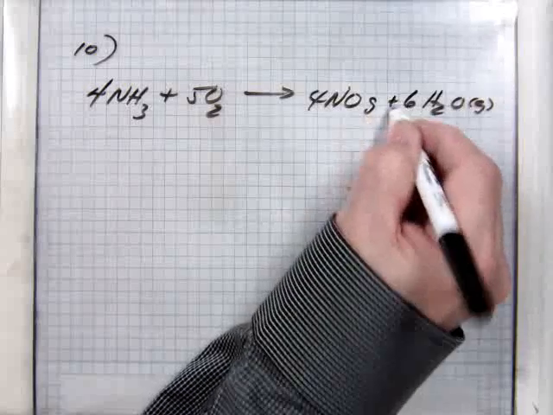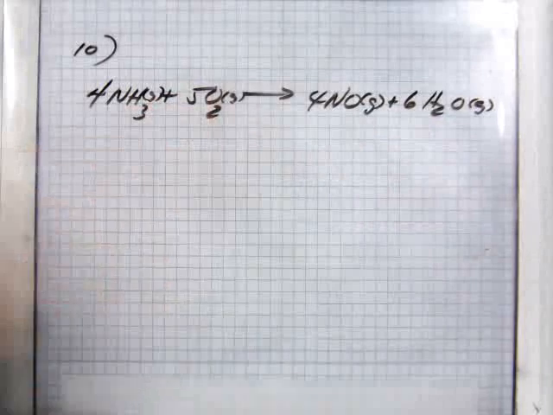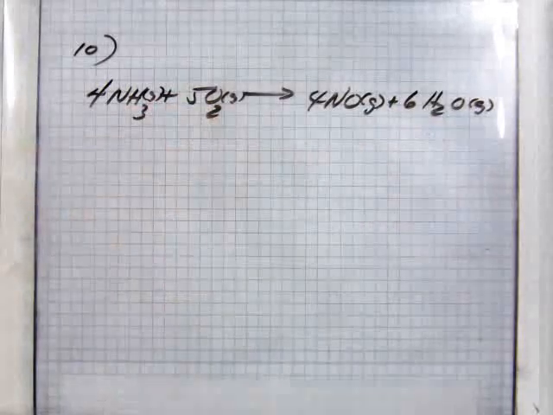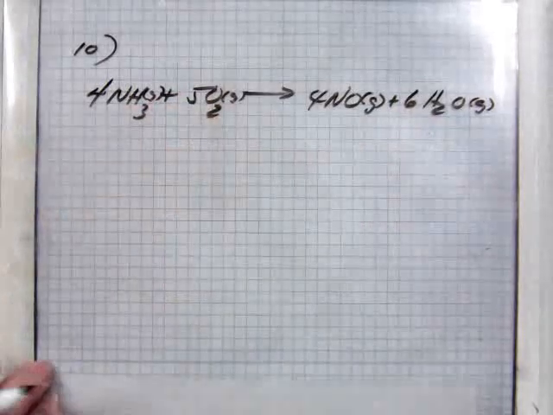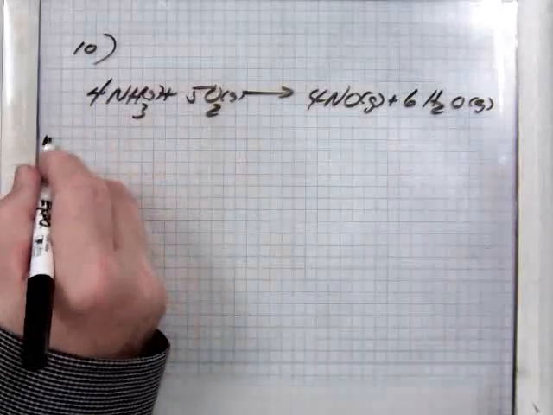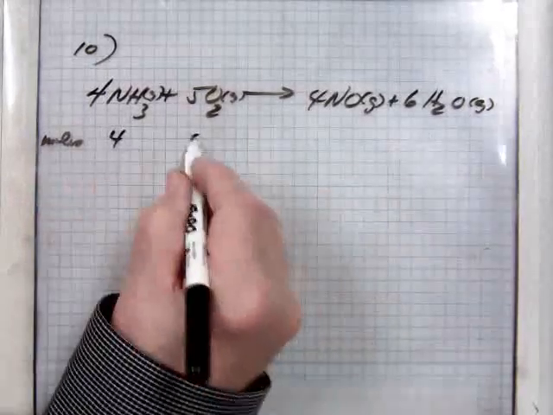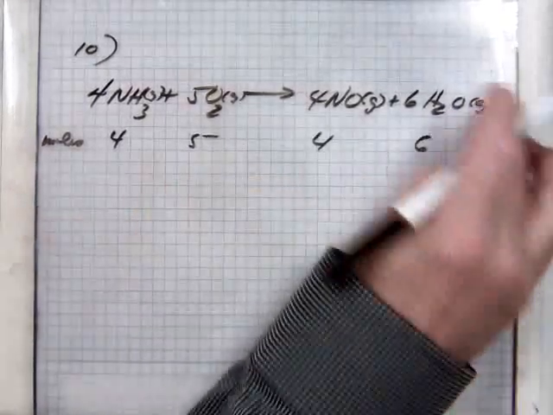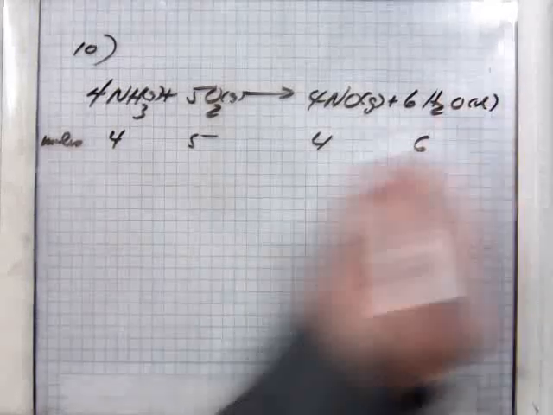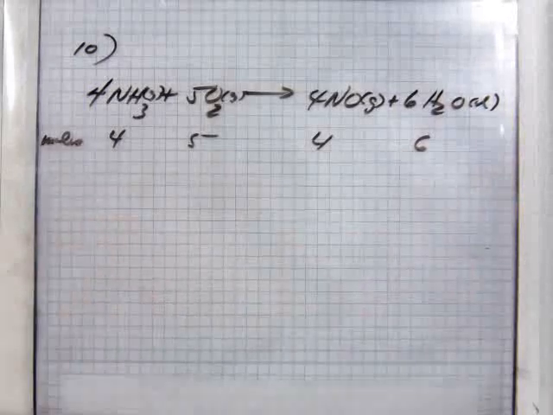And this is a gas. Now, in the context of this, we're talking about moles, right? So we can just go right down through here, and this is 4 moles, 5 moles, 4 moles, and 6. I'll leave it at liquid because every time I change something, it's always all about wrong. Anyway, so everybody's good there.